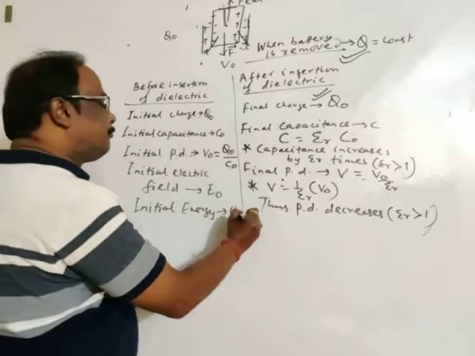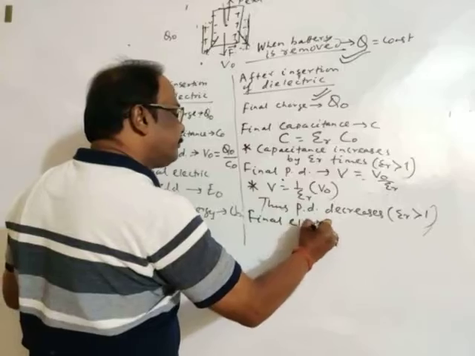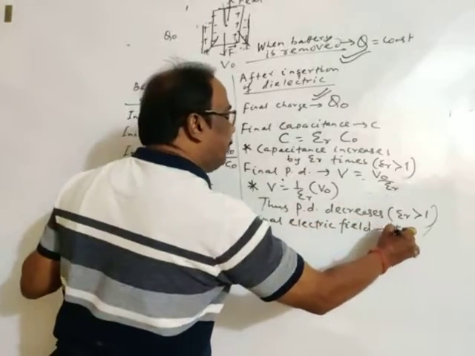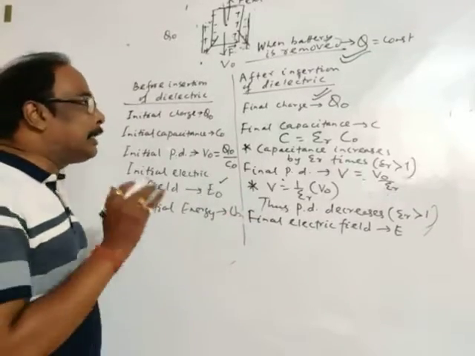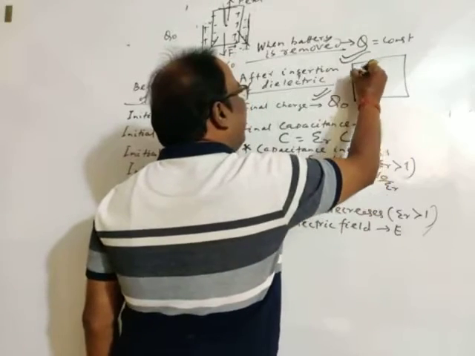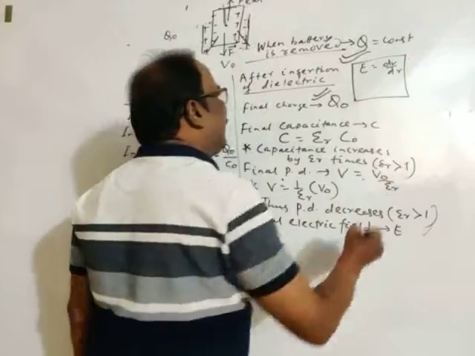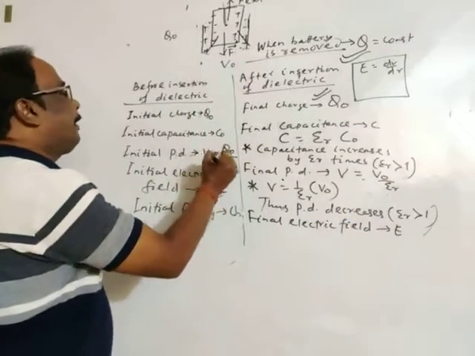Then about the final electric field. Let the final electric field be E and the initial electric field be E naught. The general formula for electric field is dV by dr. So what is the initial electric field?